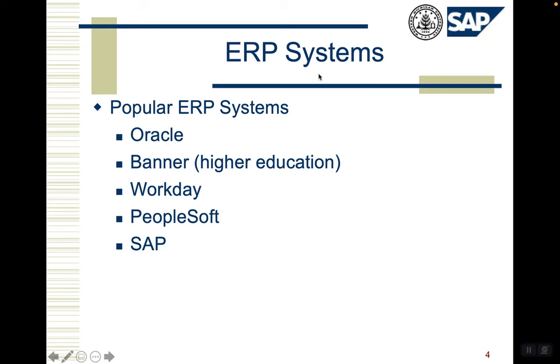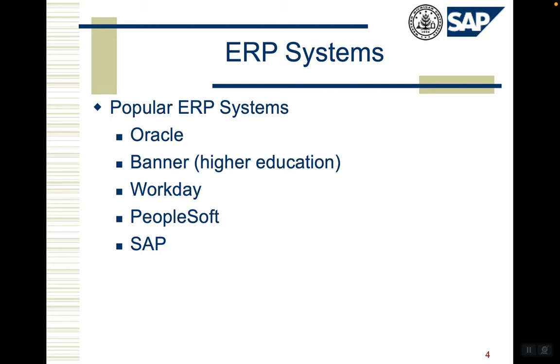Banner is an ERP system specifically targeted for higher education. So LaSalle is using Banner as our ERP system. Workday is a little bit different. Workday is an application which operates in a cloud. So it's software as a service, so there's no need to deploy physical hardware inside the organization.